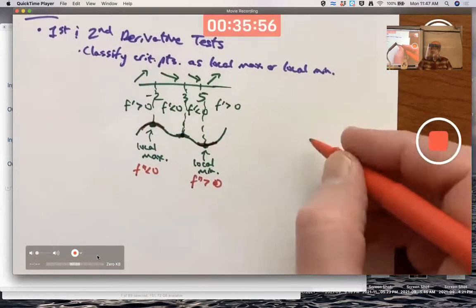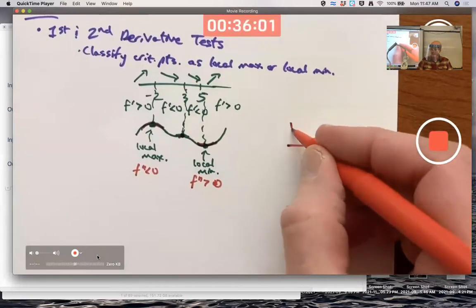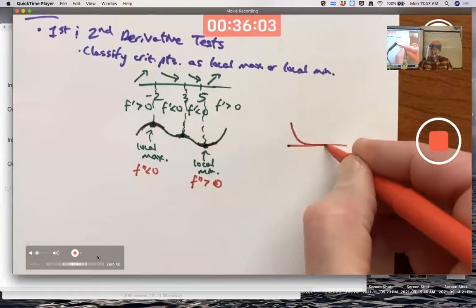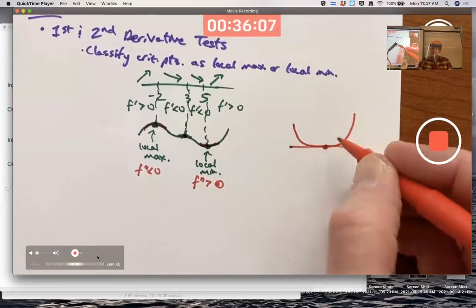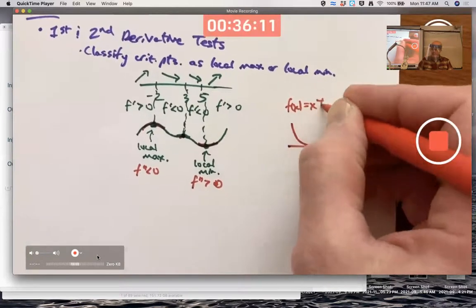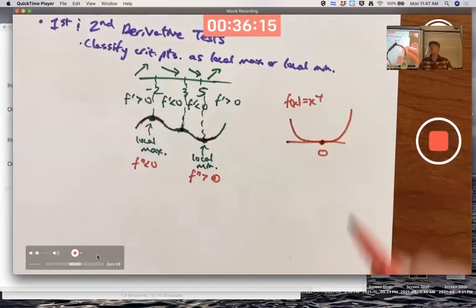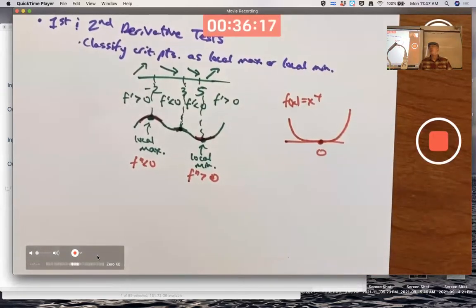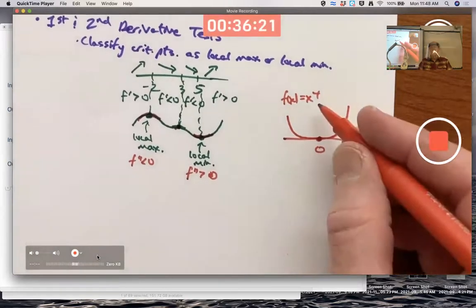There are special weird examples like x to the 4th, for example, whose graph kind of looks like a parabola. And so there is a local min at 0. However, the graph is so flat near 0 that the second derivative at 0 is 0. The second derivative of this function is 12x squared.